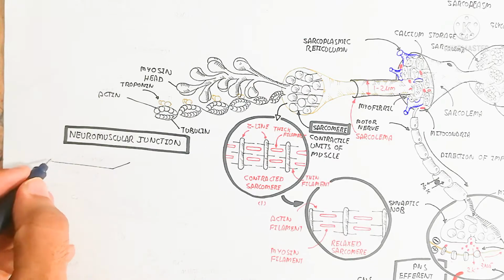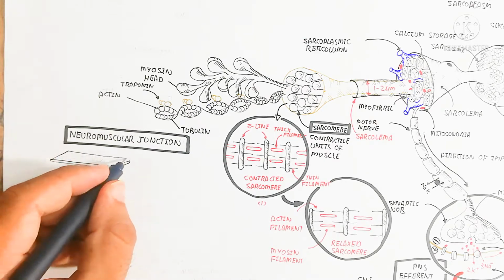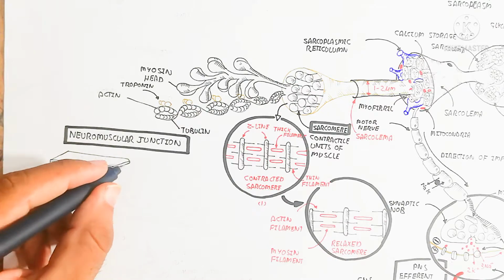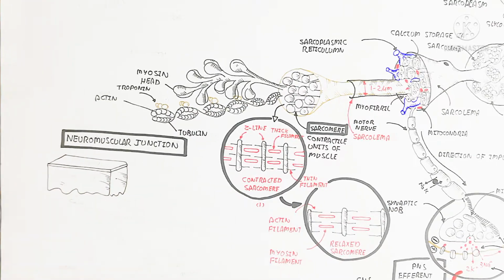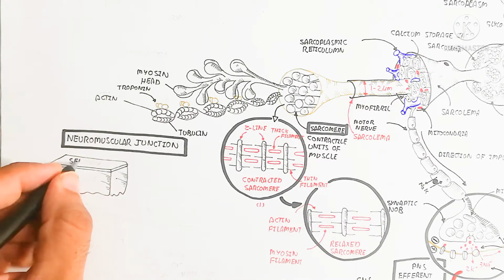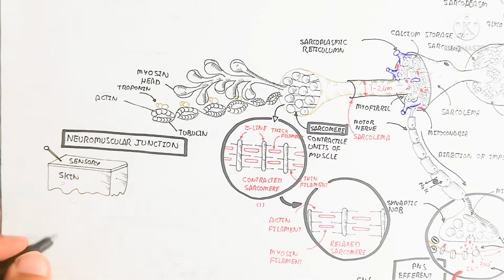Let's begin to understand the neuromuscular junction, part of the nerve-muscle system, covering the whole process of muscle contraction and the types of muscle. Here is the skeletal muscle, used after the sensory neuron senses the signal in the hand.